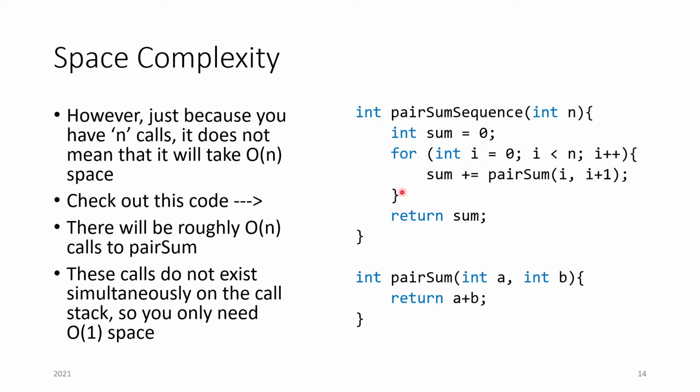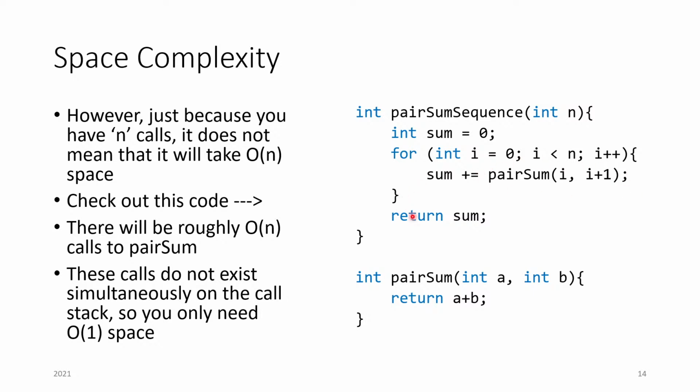For each instance of the for loop, let's say when i is equal to 0 and we call pair of sum 0, this is going to be 0 plus 1, so that's 1. This only calls once for this iteration. And once it finishes and returns the result, it no longer needs to keep this function in memory. So once we reach the end of the for loop, it releases this memory for pair of sum.